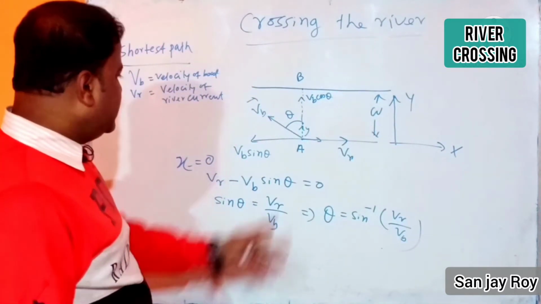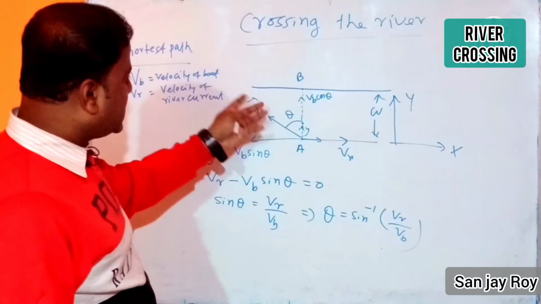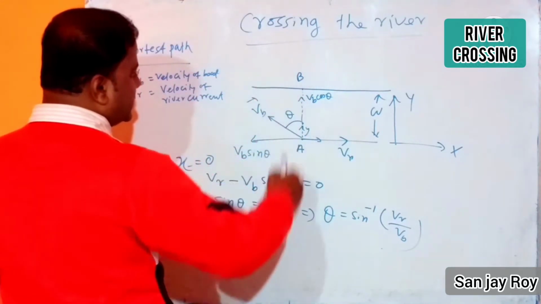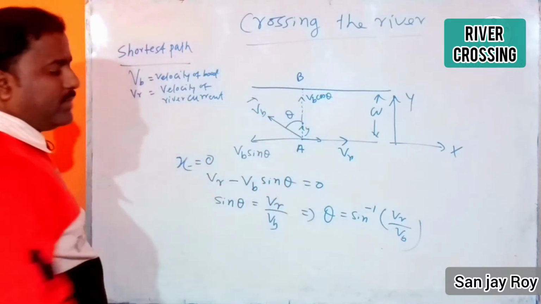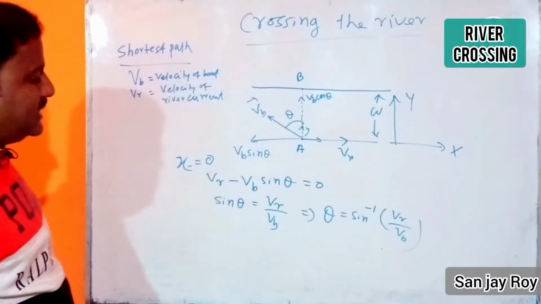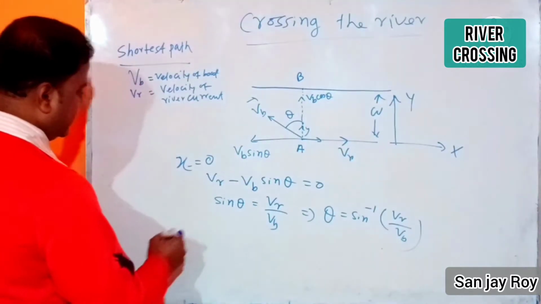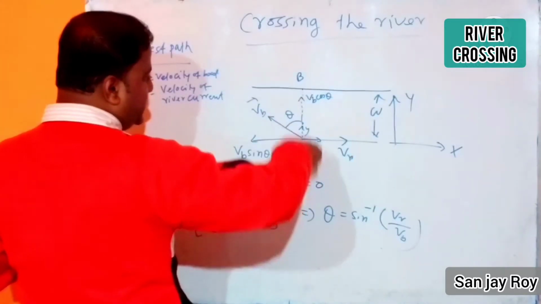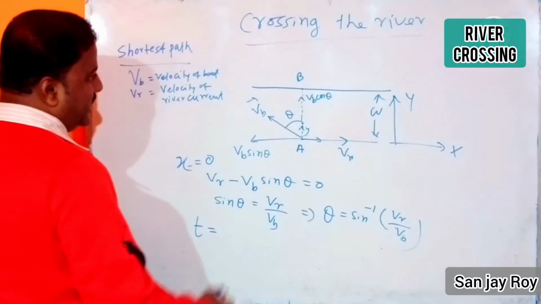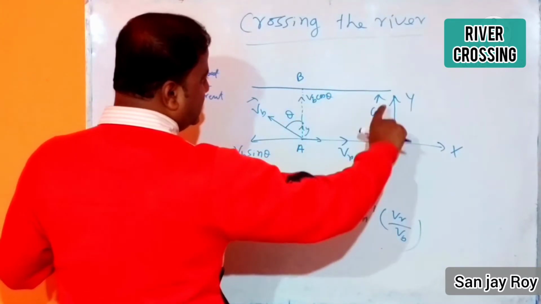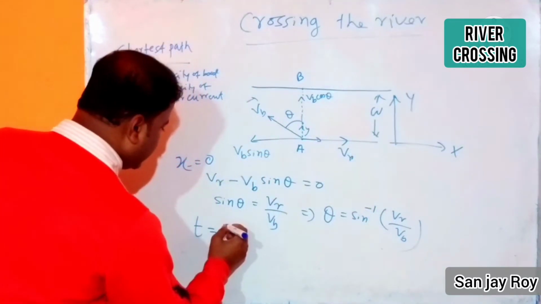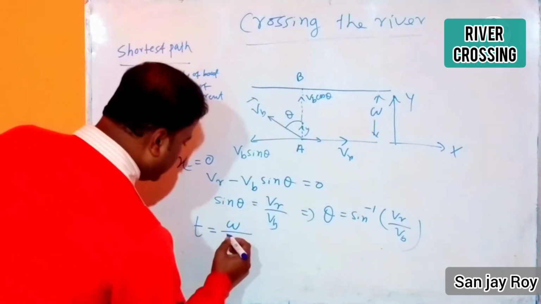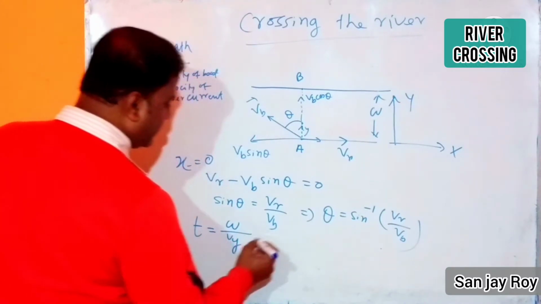Then if we steer the boat along this direction with an angle theta, we reach the other bank in the shortest path. And what will be the time for this? The time t equals the linear displacement along Y, which is the width of the river w, divided by the velocity along the Y direction, Vy.